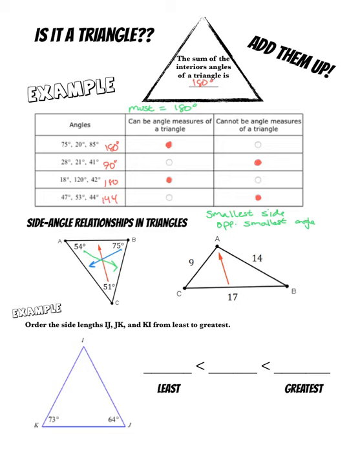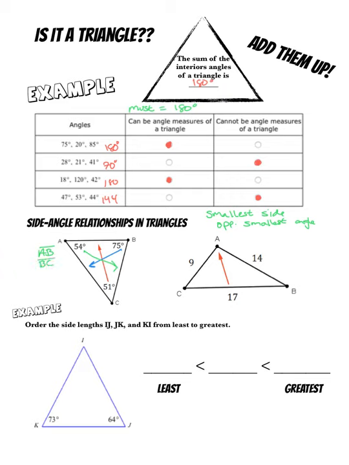All right, so let's take a look at this one. In triangle ABC, let's write the sides in order of least to greatest. So I'm going to look and find my smallest angle. My smallest angle is C, so my smallest side is AB. My middle angle is A, so the middle side is BC.